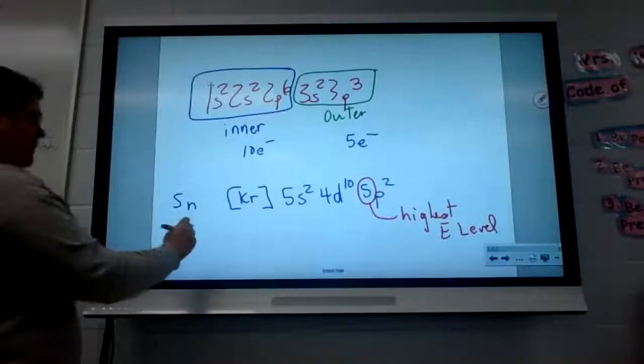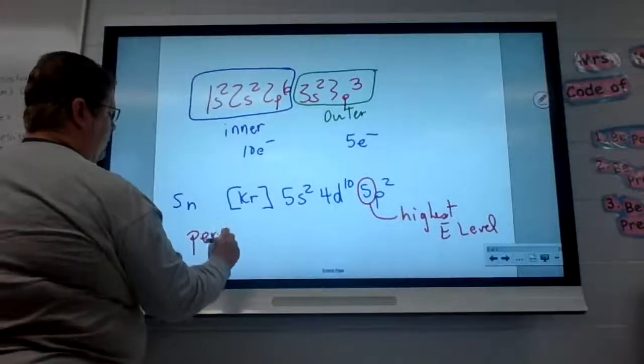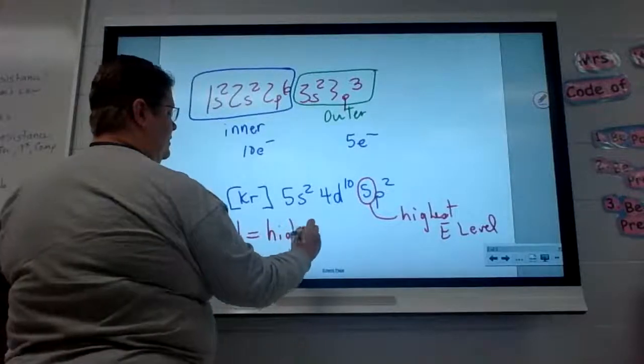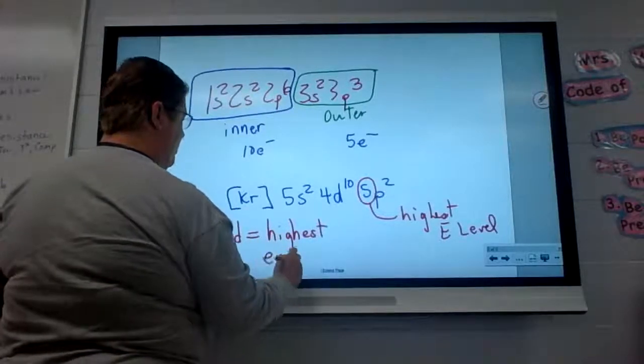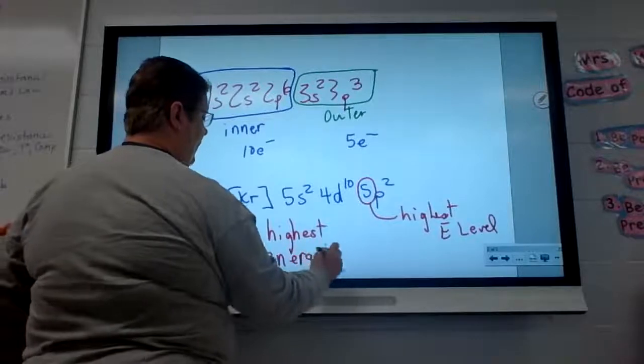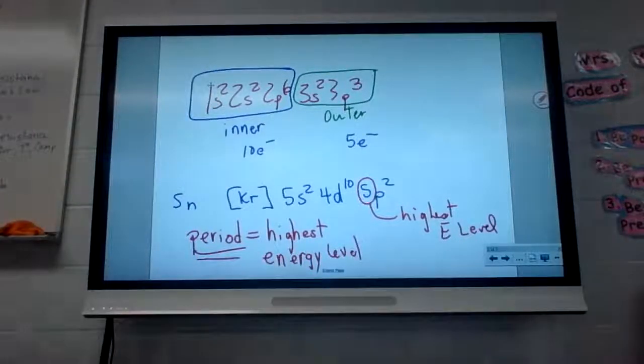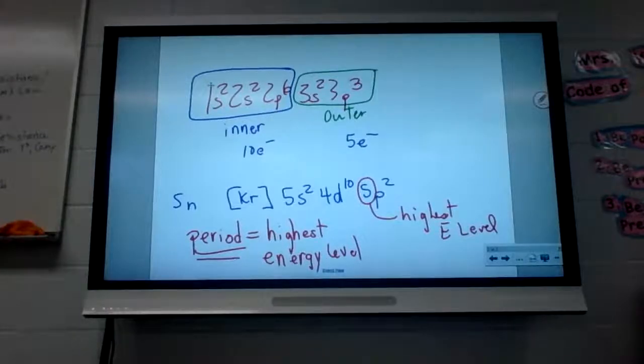Exactly. Okay? The period equals the highest energy level. If you're asked to find the highest energy level, it's the same as the period.